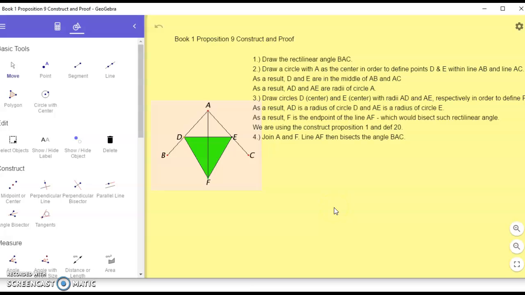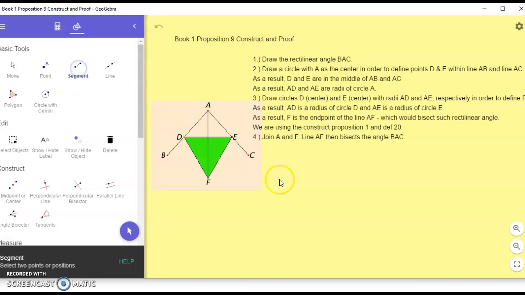We will just follow the step-by-step procedure of the construct here, and while I'm doing it at my end, you can also perform the steps at your end. So let's do this together. The first step is to construct a rectilinear angle BAC.